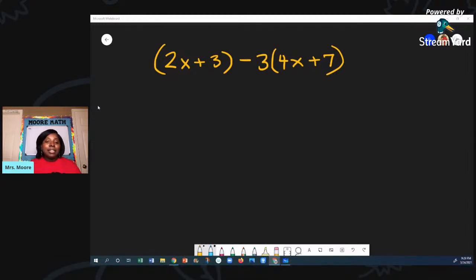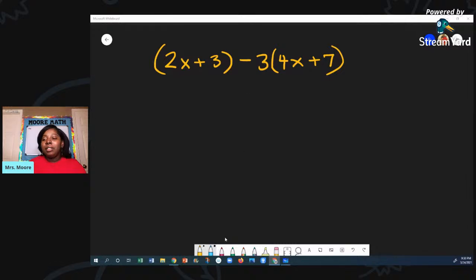The reason this is called an expression is because there's no equal sign. At the beginning of this video, closer to 8 o'clock, we talked about combining like terms. So first things first, we need to identify the like terms.